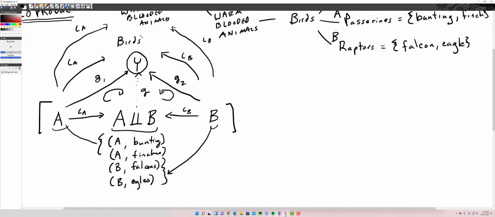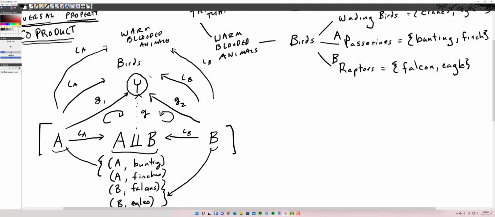Whatever I choose up here, if I'm including A in it and I'm including B in it in the same sense that I'm doing here, what has to happen? Well, I have to have some kind of an inclusion map from the passerines and the raptors into these objects. So birds is a less specific object than the coproduct, granted, but it's got a lot of other families in it. It's got wading birds.